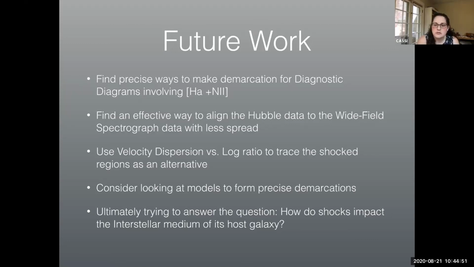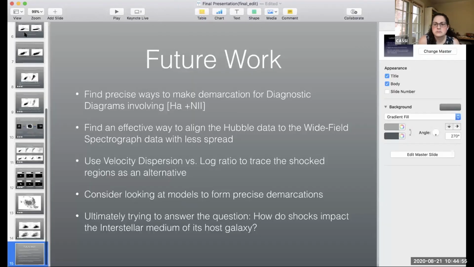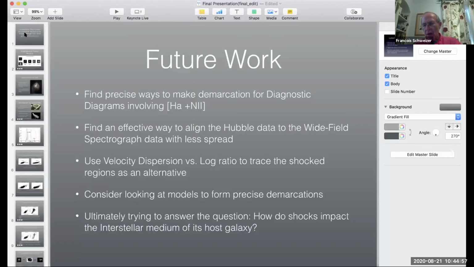Nice job, Jeysen. Questions for Jeysen on this work? Jeysen, is there no cube yet from the VLT, from MUSE, on this galaxy? I thought I had seen one, because if there was one, you could basically just do all the spectral work on a big cube and get the maps without mixing up nitrogen 2 lines and H alpha.